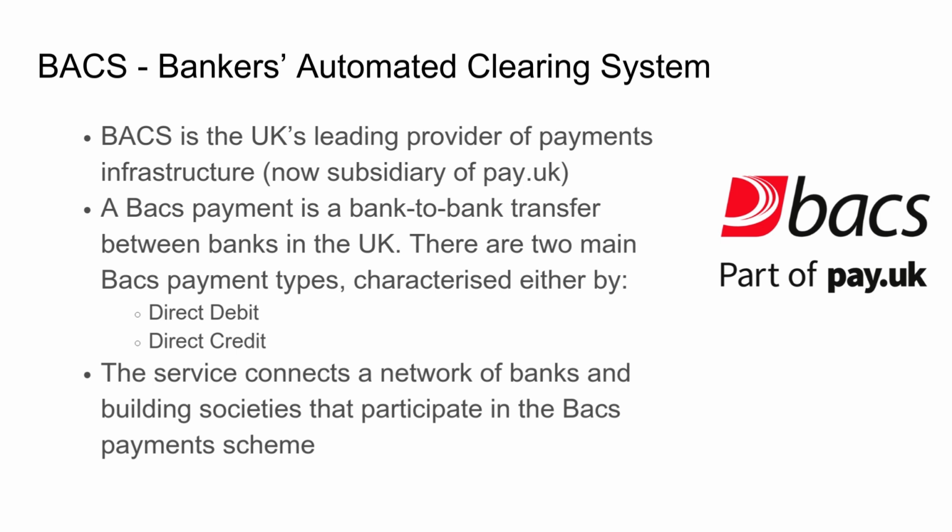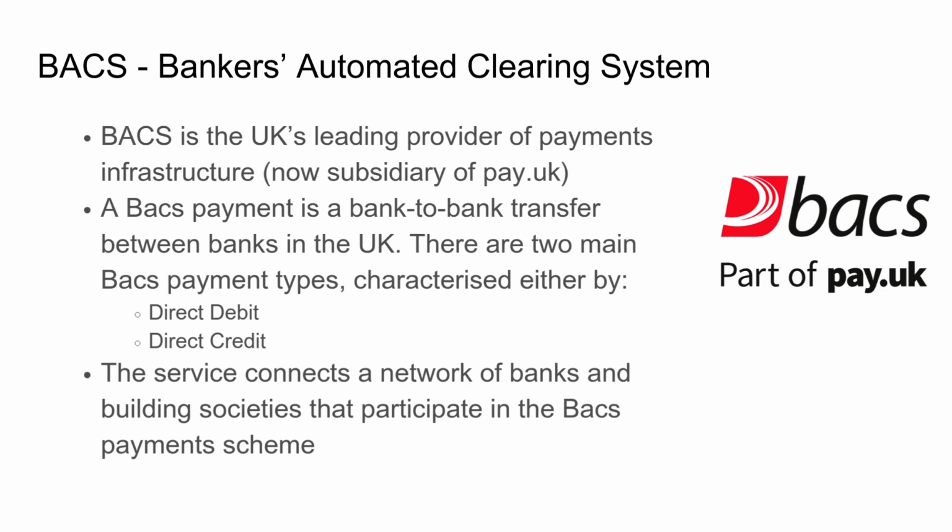There are two main BACS payment types. The first is direct debit, when you have given another party permission to take money from your bank account. Examples of direct debits could be your monthly council tax payment, internet bills, utility bills, and so on. And direct credit, also referred to as a bank transfer.